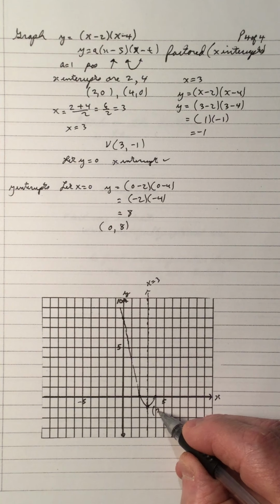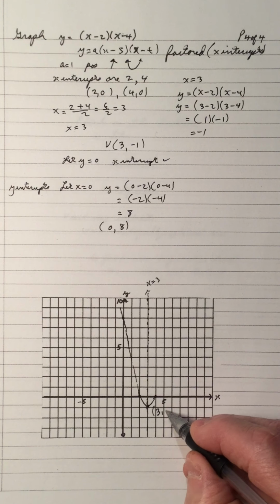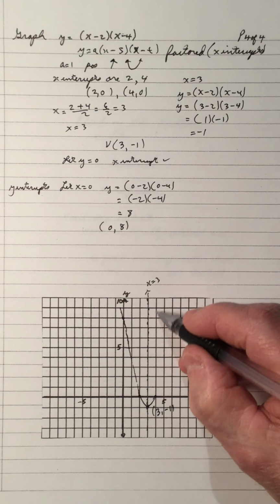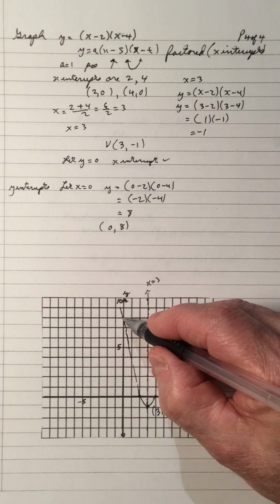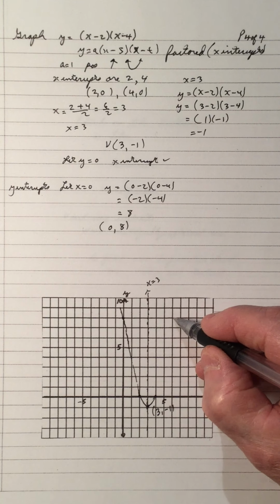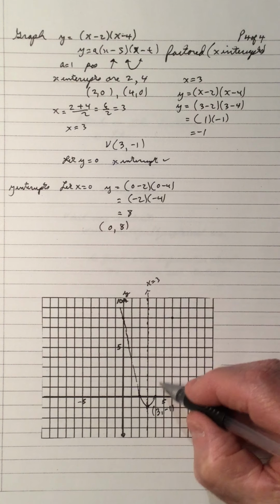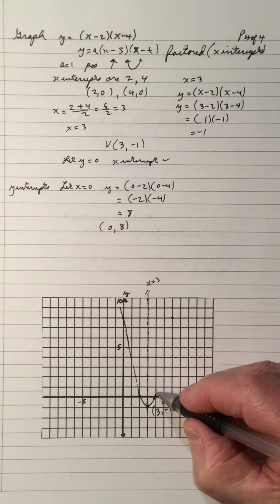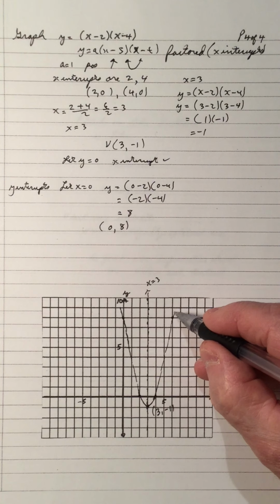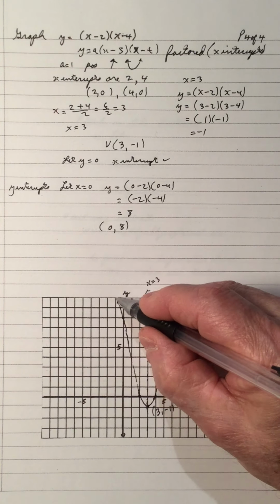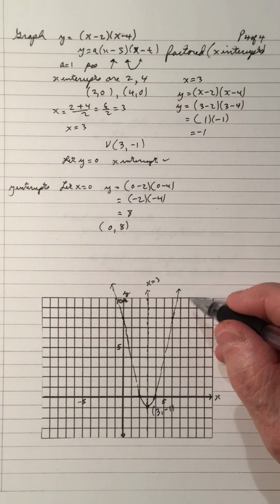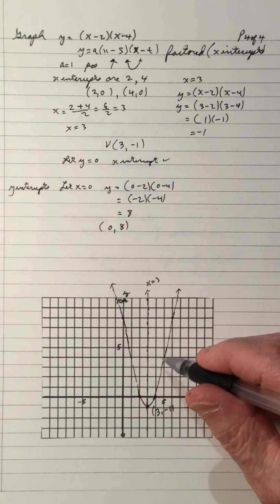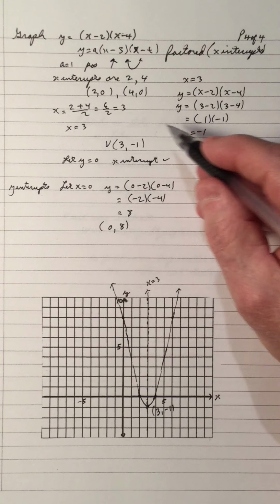The vertex is (3, -1). So if we go 3 units to the left, we get 8. Let's go 3 units to the right, and we get 8. And so a parabola is symmetrical, so we go on up through. It keeps on going up and up. And that's how we graph the x-intercept form.